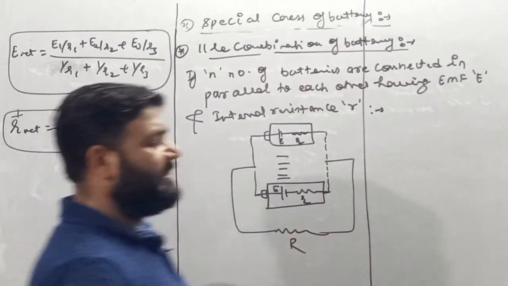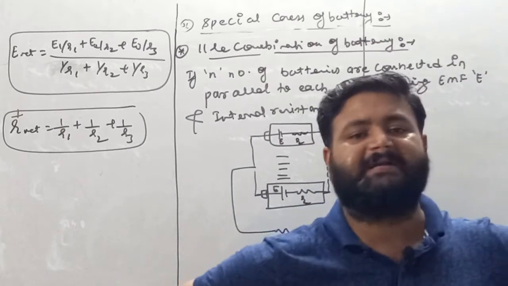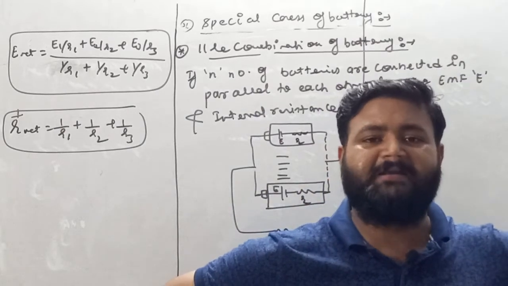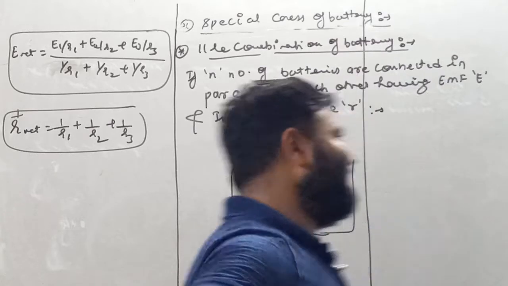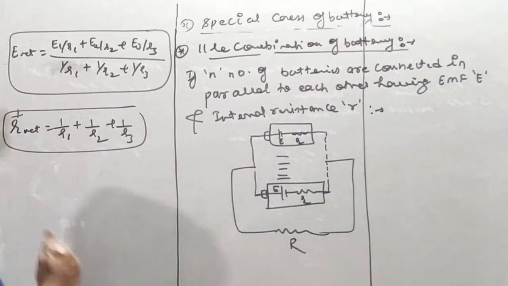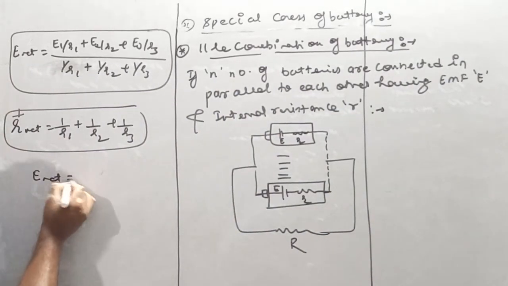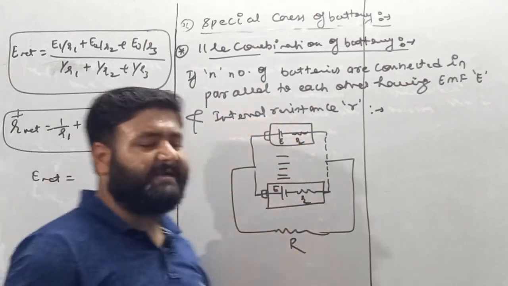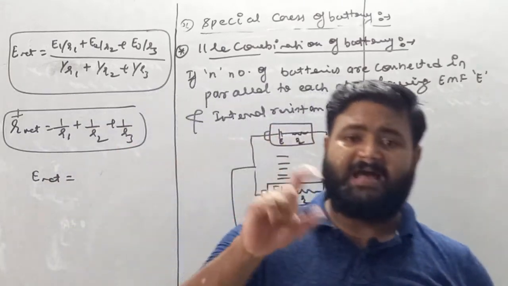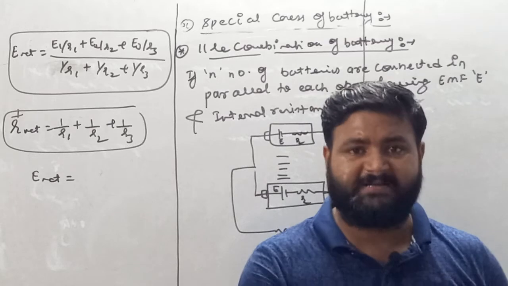So we know that if the batteries are connected in parallel to each other, having n number of batteries, then E net is equal to E, my dear student. It is according to this situation, because we are connecting n number of batteries having the same EMF and the same internal resistance.